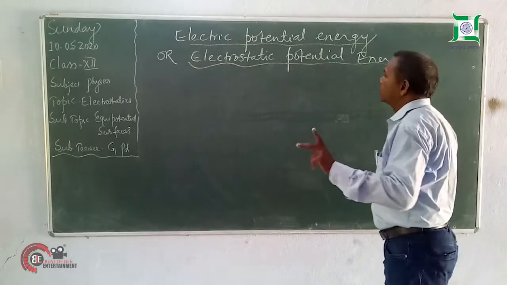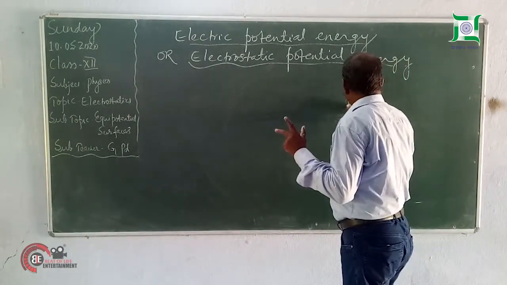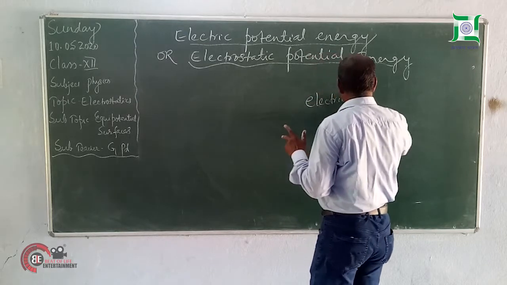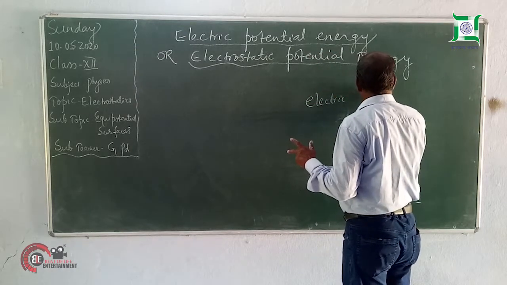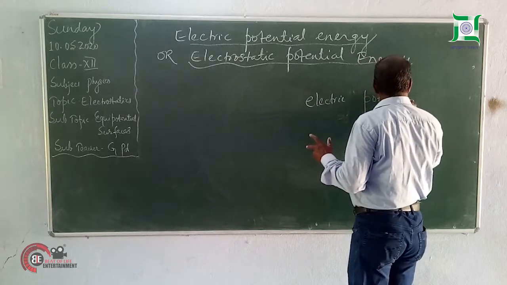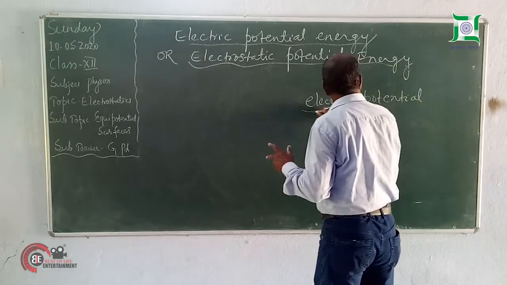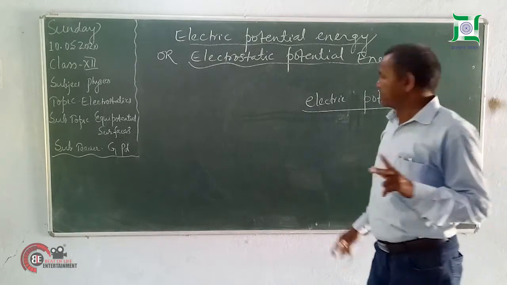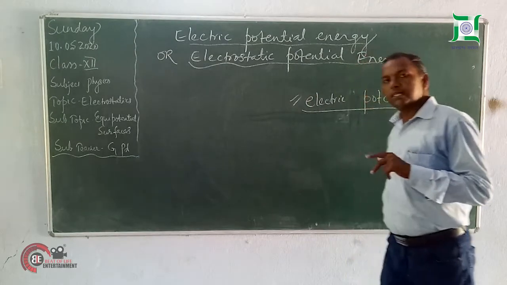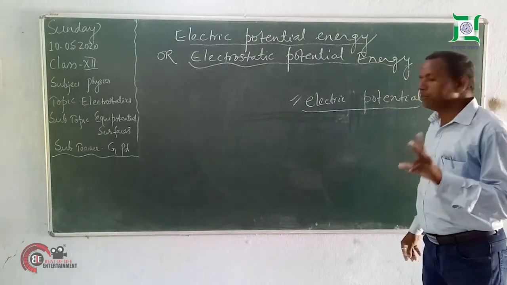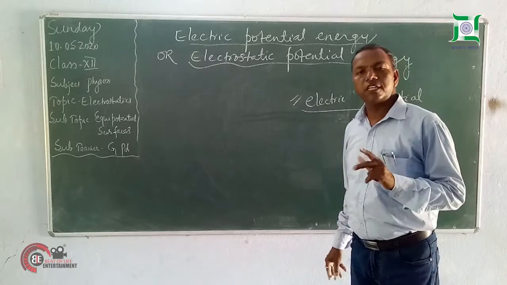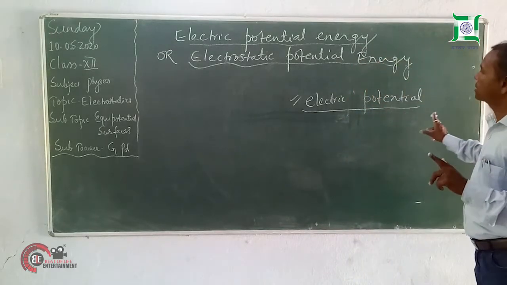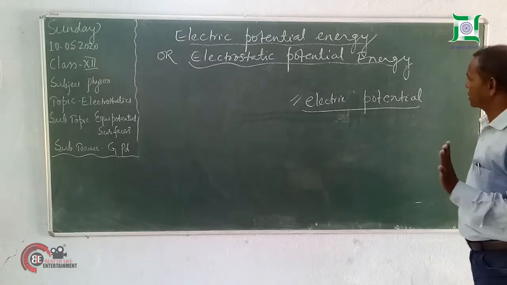We have also understood electric potential, हम लोगों ने समझा है इलेक्ट्रिक पोटेंशियल क्या है और पोटेंशियल डिफरेंस क्या है, ये दोनों चीज क्लियर है। Electric potential and potential difference. Electric potential is the work done in moving a positive point charge from infinity to a point in an electric field against the electrostatic forces.